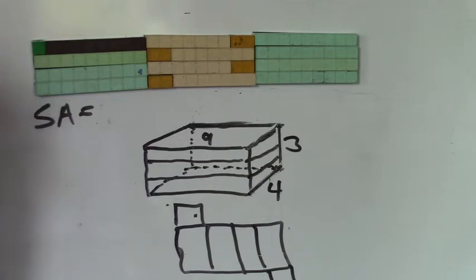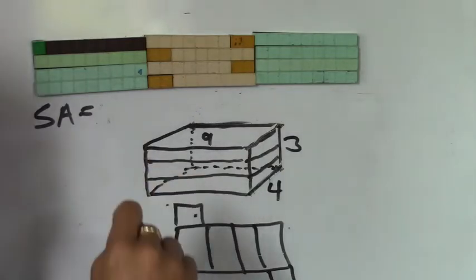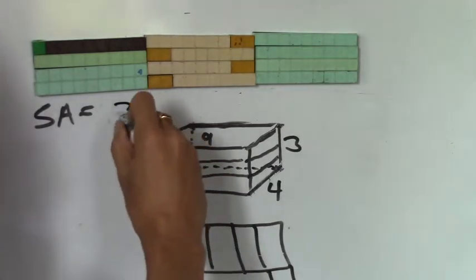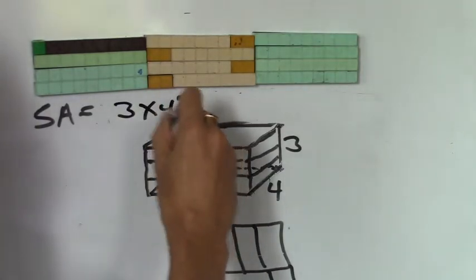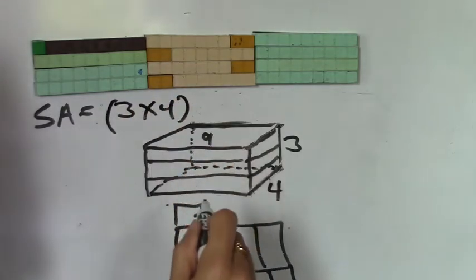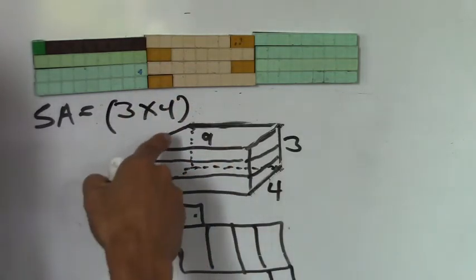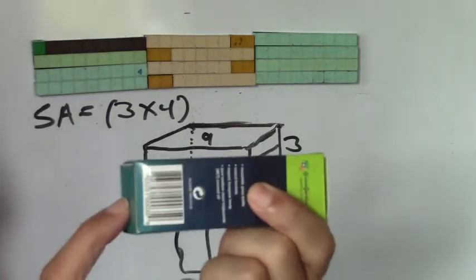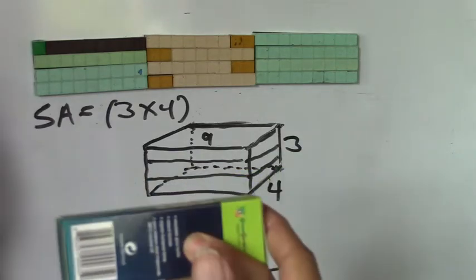So not all of our sides are the same. I have 4 panels, but I don't have 4 equal panels. Let's see, what do I have? I have a 3 times 4. How many of those do I have? 1, 2, right?